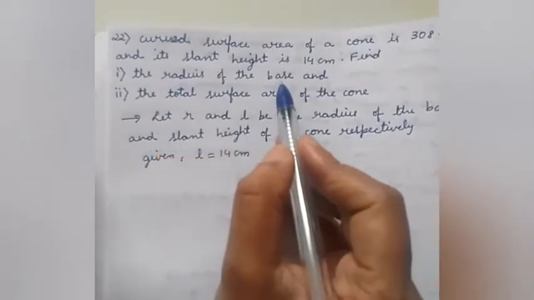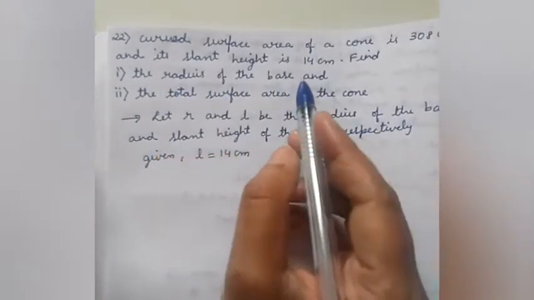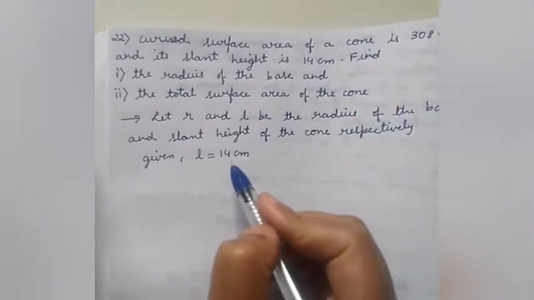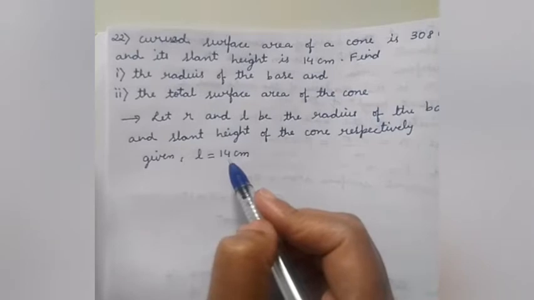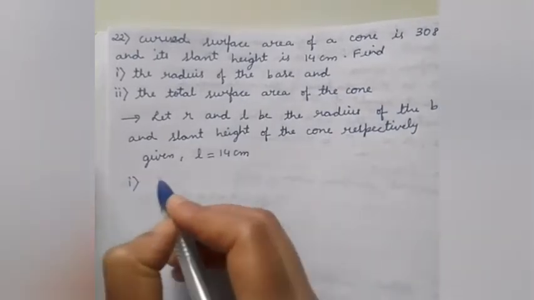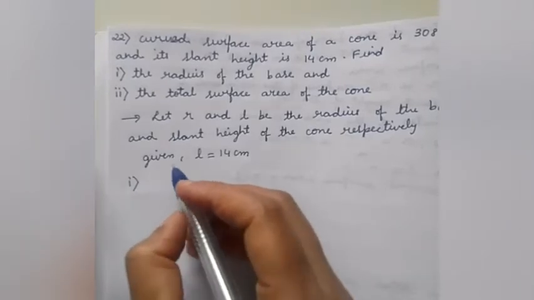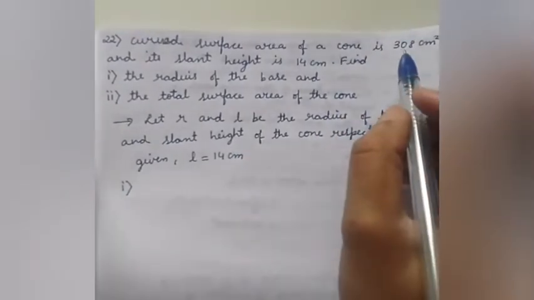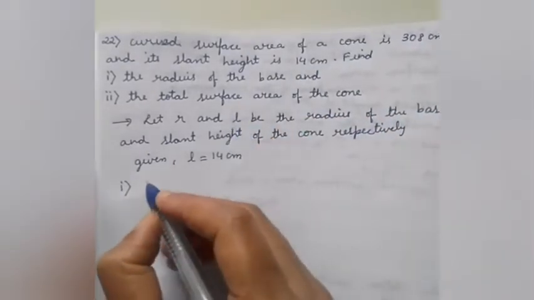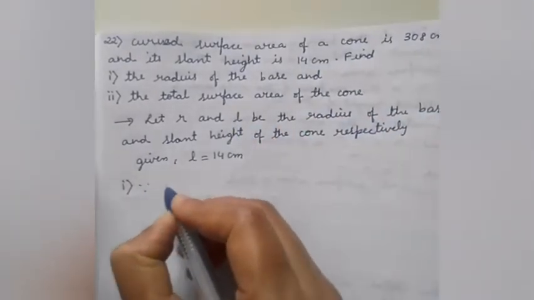First thing is, we are asked to find the radius of the base. When curved surface area is given and L is given, using the formula of curved surface area, that is equal to pi R L, we can easily find the radius. So to find the radius, we use the formula curved surface area, because curved surface area of the cone is given and the slant height also is given.